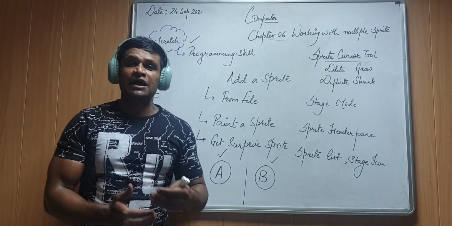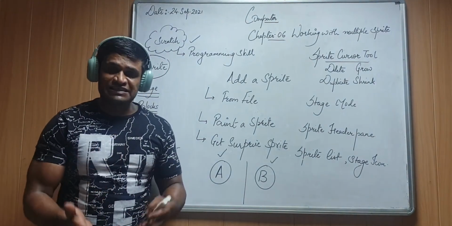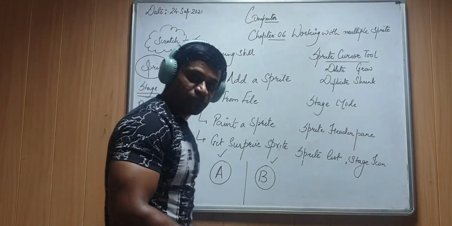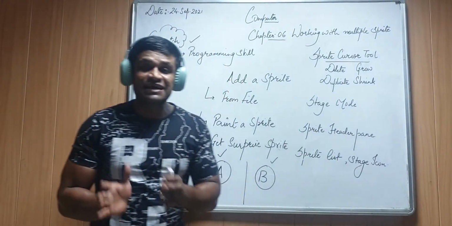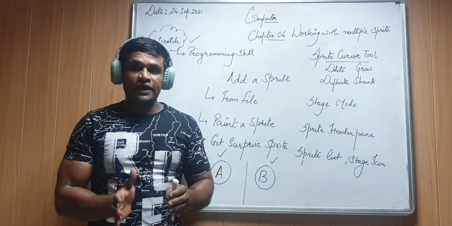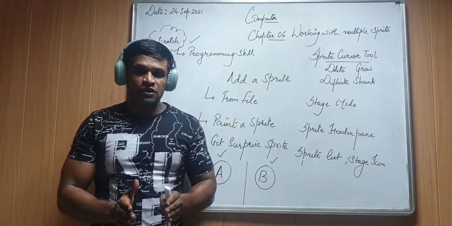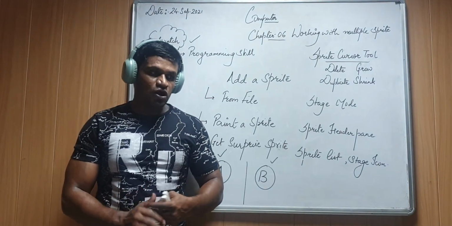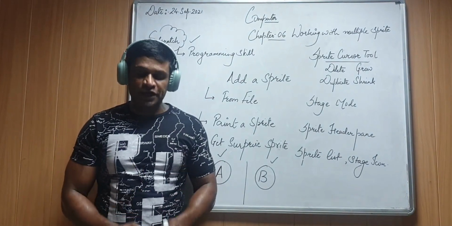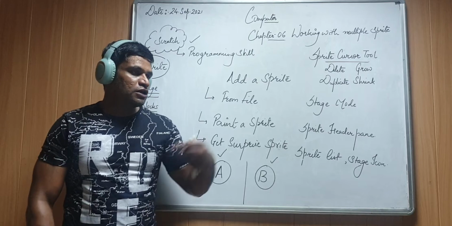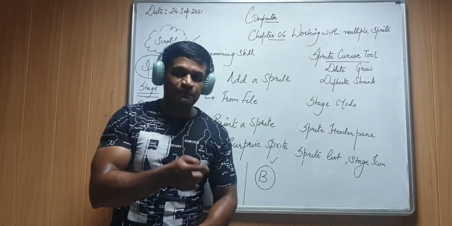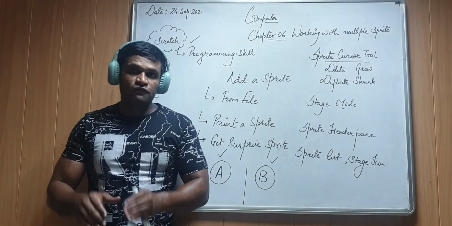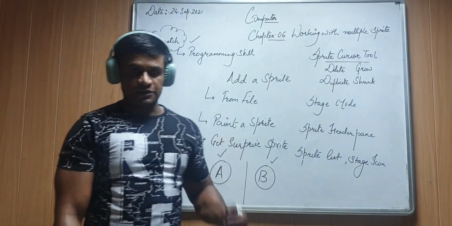In motion blocks, if you change the steps in the white editable field, you will see that the cat is moving from one point to another. There are lots of scripts available in the motion blocks, looks blocks and control blocks, which will make your sprite move from one position to another. It will make them rotate. Everything is possible. That means the sprite will move from one location to another.